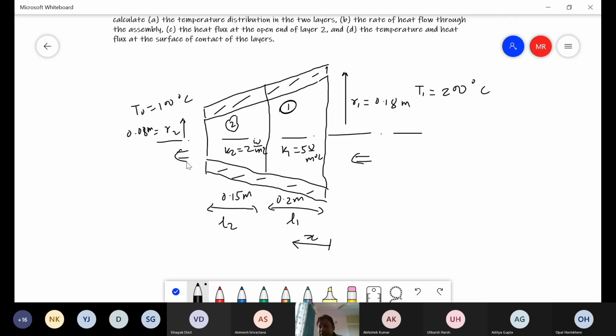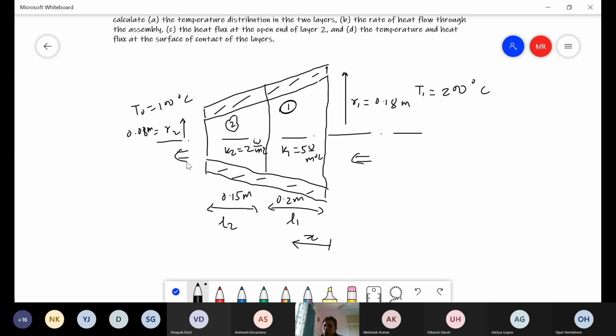There is no heat transfer in the radial direction because insulation material is applied above this cone. If you look at this cone from the screen, it looks like a rectangle, but if you look in an axial direction, you will see a circle. So it's a cone which has been cut at two places. Okay, clear to everyone? Is it clear to everyone?